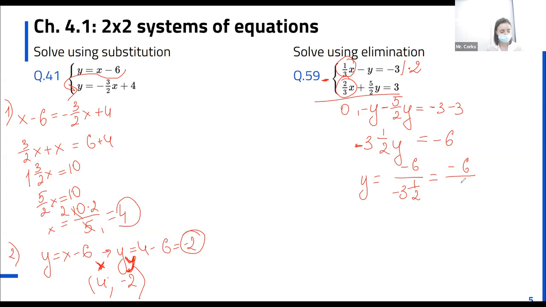It seems to me that I'm doing something wrong. Yes. Here I forgot that we multiplied by 2, so we have minus 6 minus 3. So we have not 6 but 9.